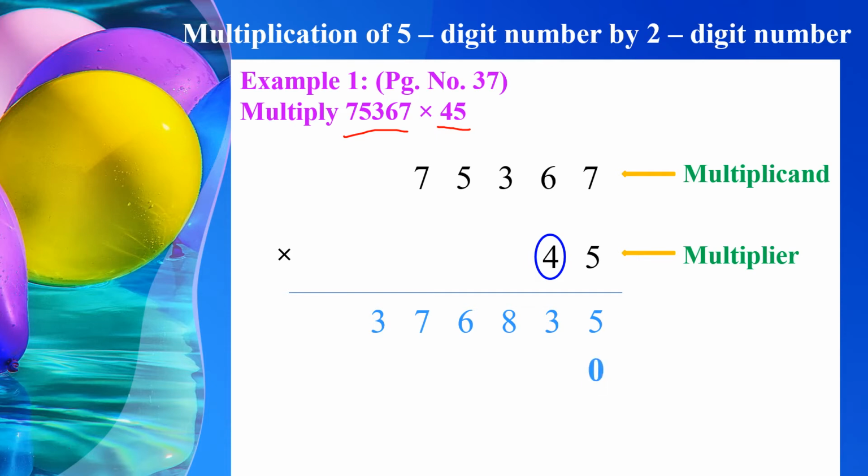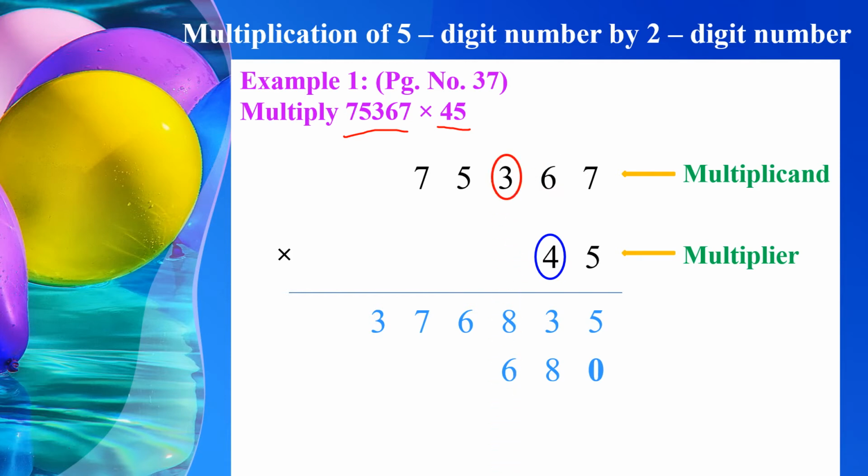The next step, we need to multiply 4 into 7, which is equal to 28. Write 8 here and keep 2 in your mind. The next, 4 into 6, which is equal to 24. So 24 plus 2, which is equal to 26. So write 6 here and keep 2 in your mind.